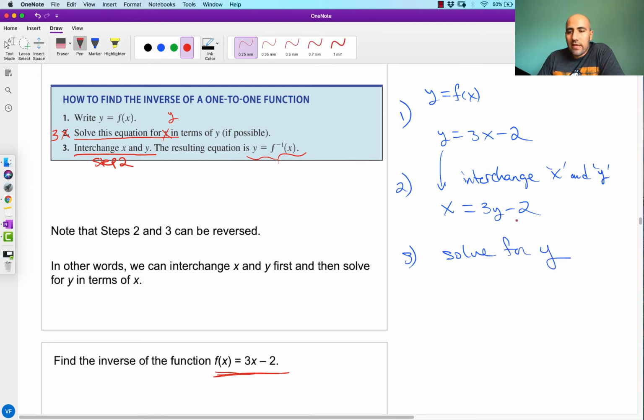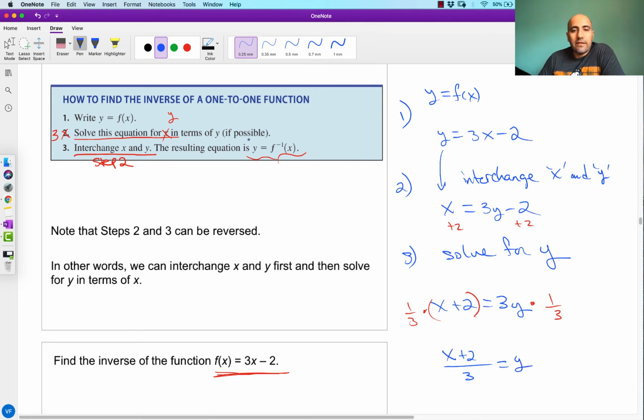All we have to do is add 2 to this side, add 2 to that side. I'll end up with x plus 2 equals 3y. And next I want to multiply both sides by 1/3 or divide by 3, same thing. So 1/3 times all of it, not just the first term, all of it, which is the same thing as divide the whole thing by 3. So we end up with x plus 2 divided by 3 equals y.